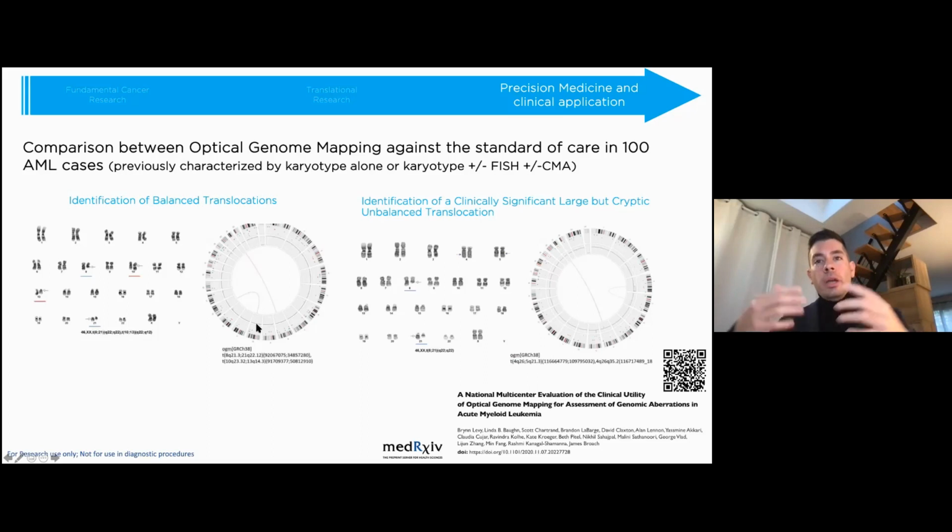But also it showed the potential to identify cryptic events that were missed by karyotyping, in this example where a translocation 8;21 was identified, as you can see here, but a translocation between chromosome 4 and 5 was missed and was detected by optical mapping, with a deletion of the 5q terminal region that can have a significant impact to stratify patients in terms of risk assessments.